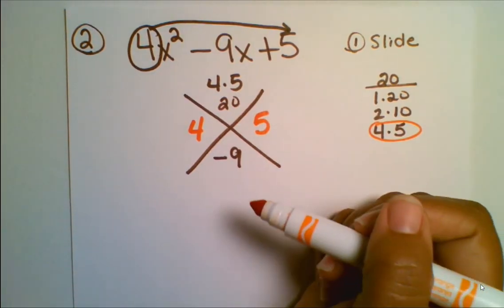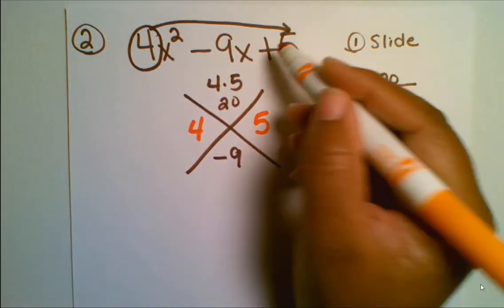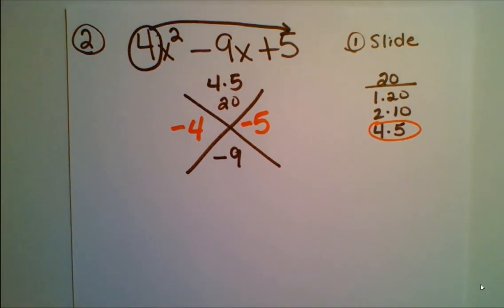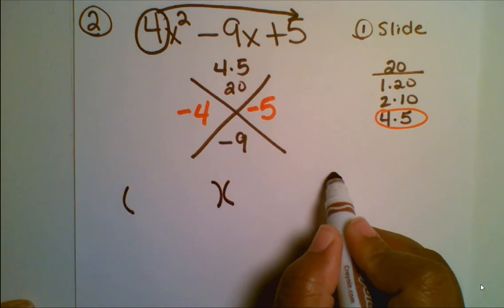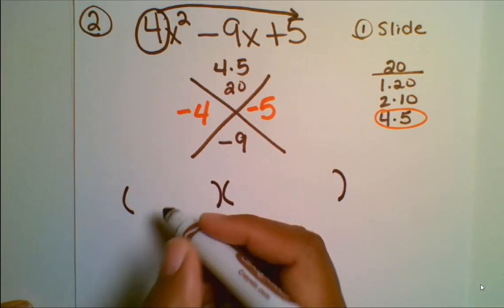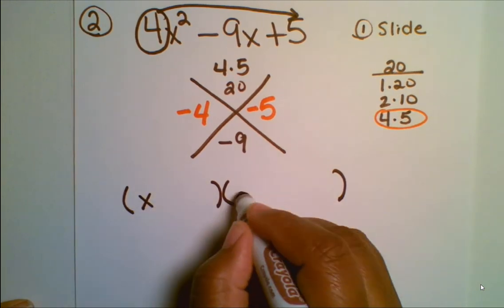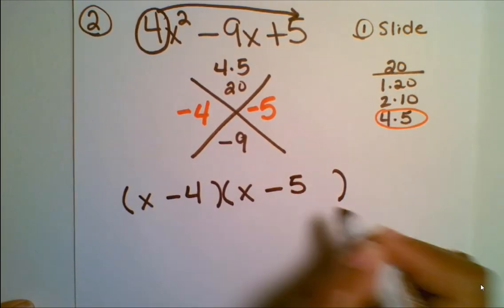Think of your sign rules. The sign of the last term is positive, so we're going to have the same sign. So what this is saying is that the 4 and the 5 must be negative. So that's your slide. Let's set up the template. So we have here x and x, minus 4, minus 5.